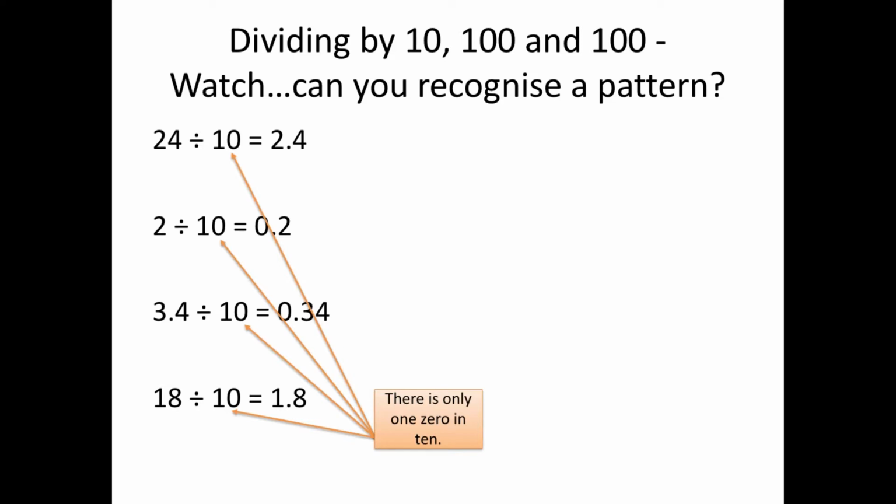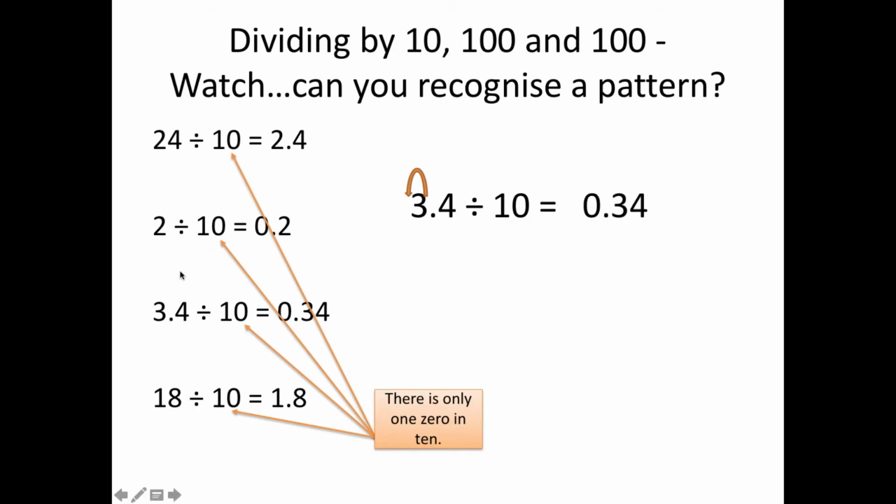Okay, so 3.4 divided by 10, this time we go the other way. Instead of going to the right, we're going to go to the left and put the decimal point there. Now the only difference is when you get to the front of the number, you must put a 0 point in front of it. If the decimal point lands at the front, it must be a 0 point. So our answer will be 0.34, okay?